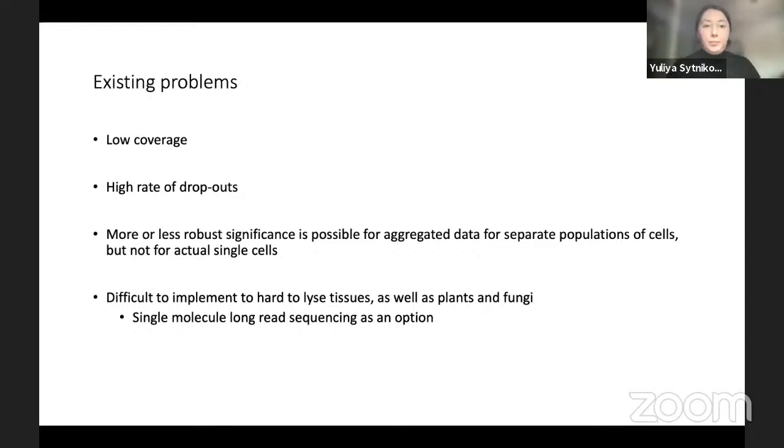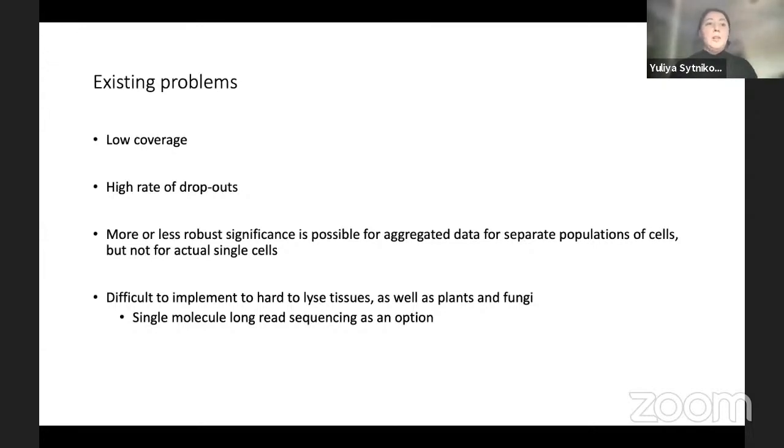And basically, to do analysis with more or less robust significance, you need data from a population of cells rather than accessing what's going on in each individual cell.